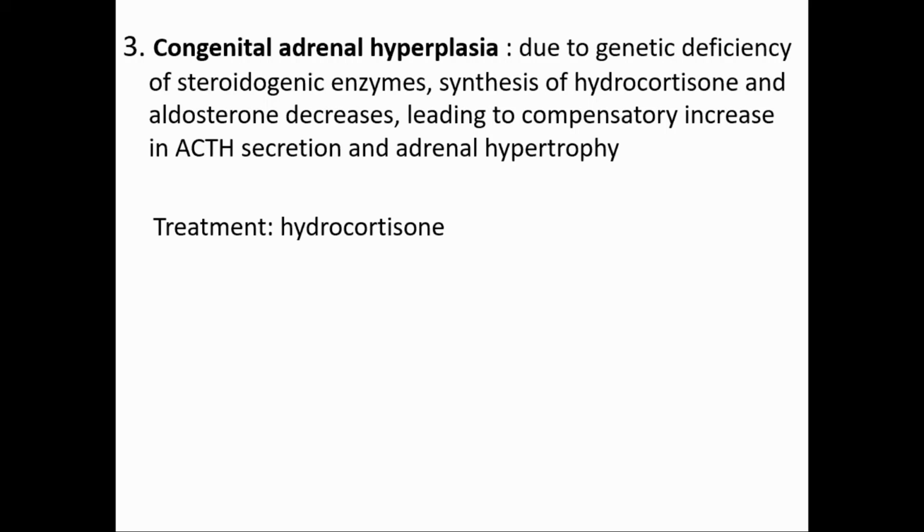There won't be production of the corticosteroids. So here also oral hydrocortisone is given as a treatment modality. It has both mineralocorticoid as well as glucocorticoid activity, so hydrocortisone is preferred over other corticosteroids.